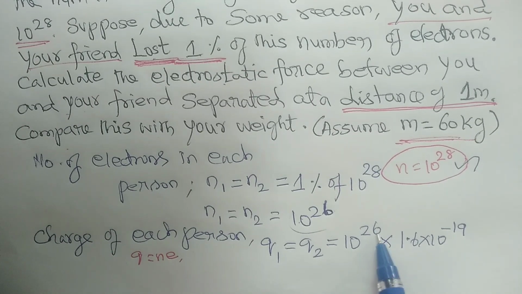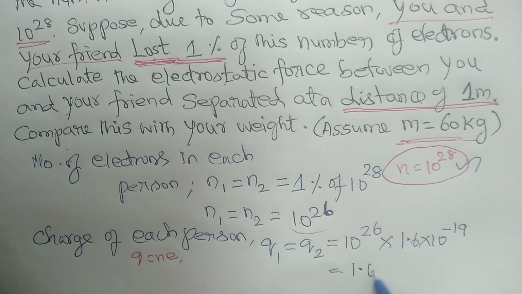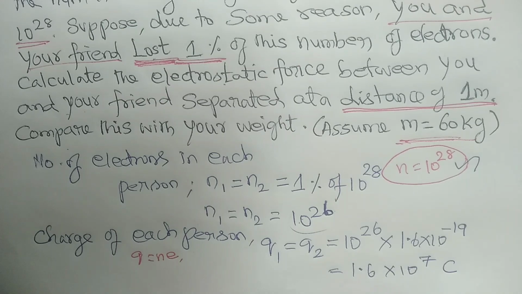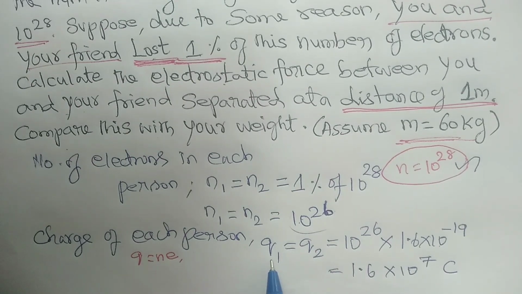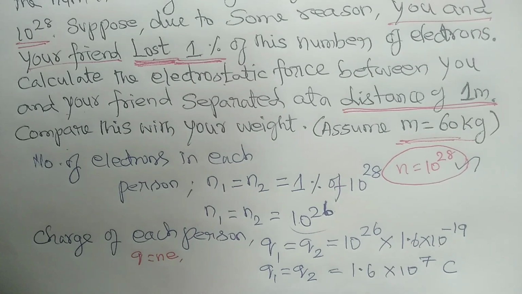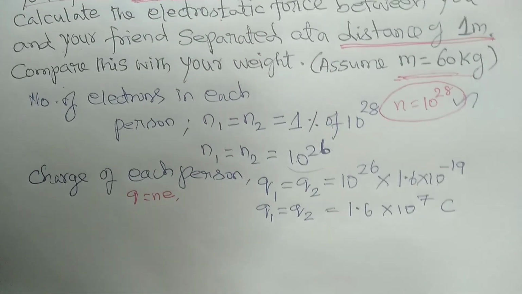So 10 power 26 times 10 power minus 19 leaves power 7, approximately 1.6 into 10 power plus 7 coulomb. So Q1 is equal to Q2, which is equal to 1.6 into 10 power 7 coulomb.